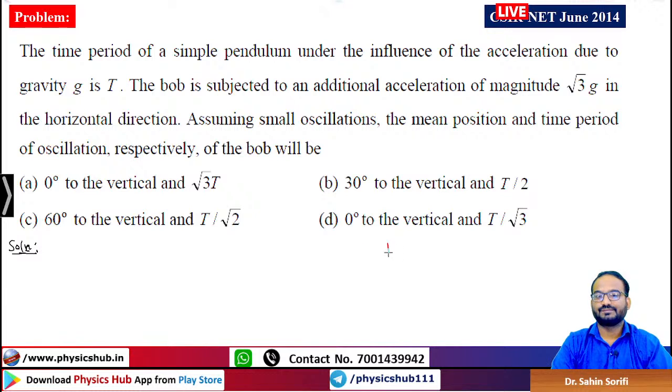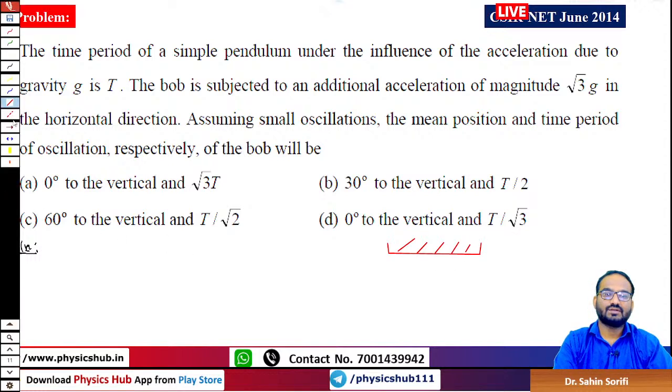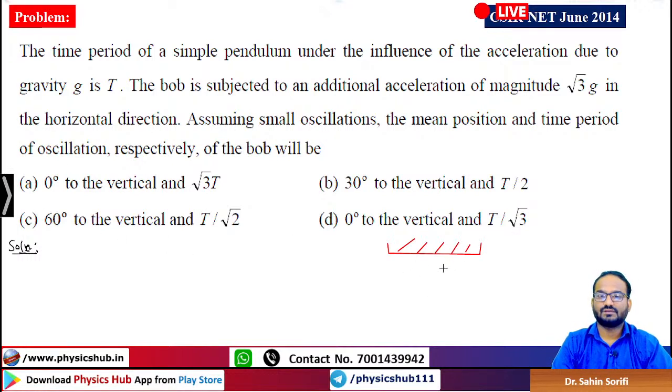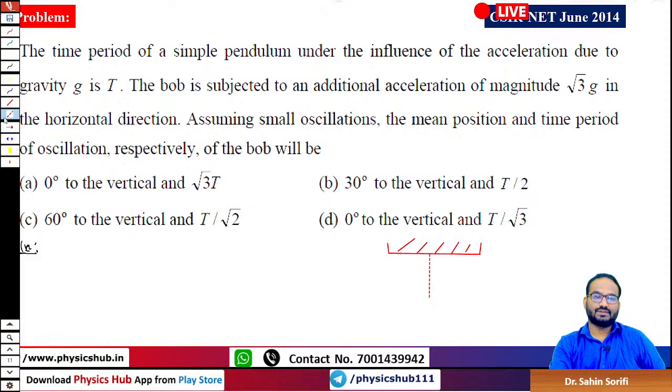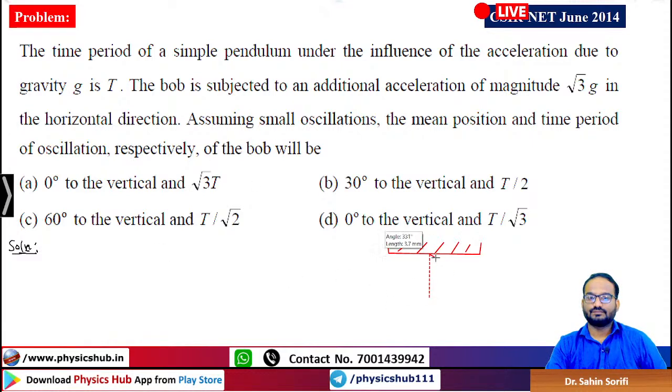So here, just try to visualize this thing. You are given the time period of a simple pendulum under the influence of the acceleration due to gravity. You try it by yourself. I'm just trying to explain. We have, let's say, a pendulum like this.